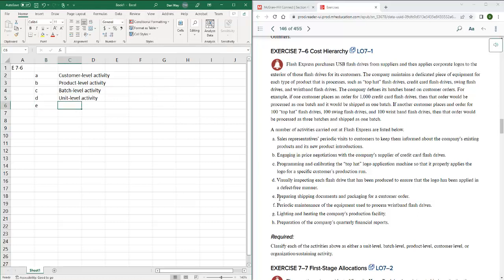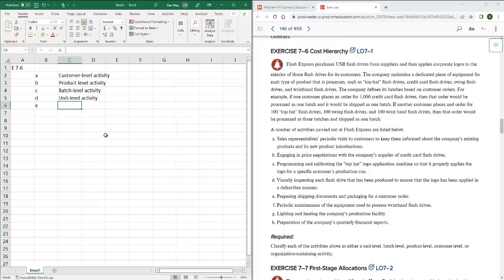Okay, letter E said preparing shipping documents and packaging for a customer order. So a customer order, according to our setup here, can consist of several batches of produced flash drives, but we're always going to be shipping these things as one batch.